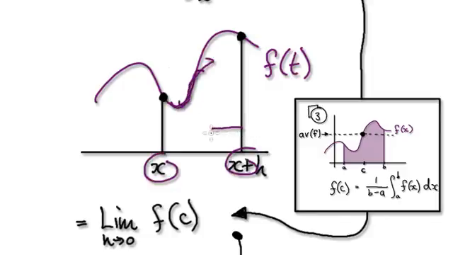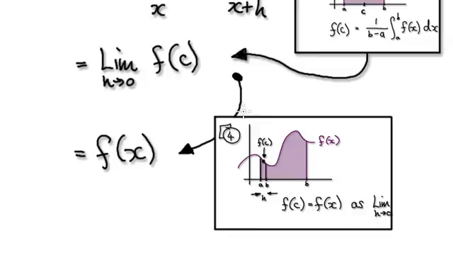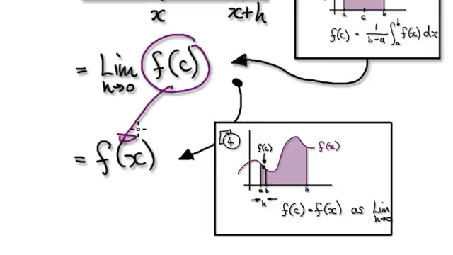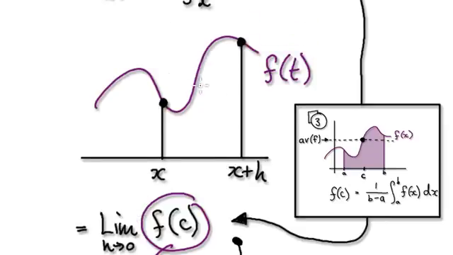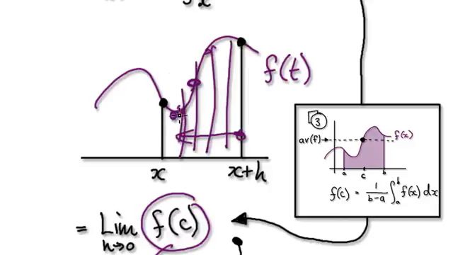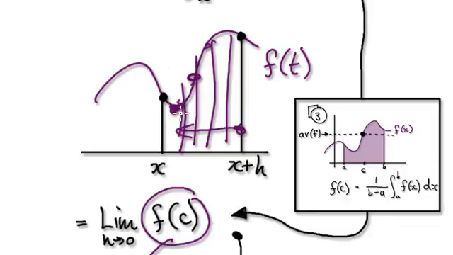You've got to watch one of the earlier videos to understand this concept. As you decrease h, f of c becomes f of x, because f of c is always trapped in between the two.